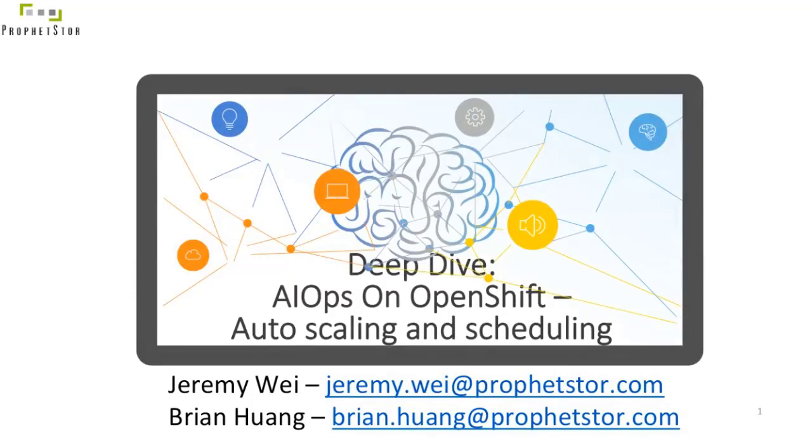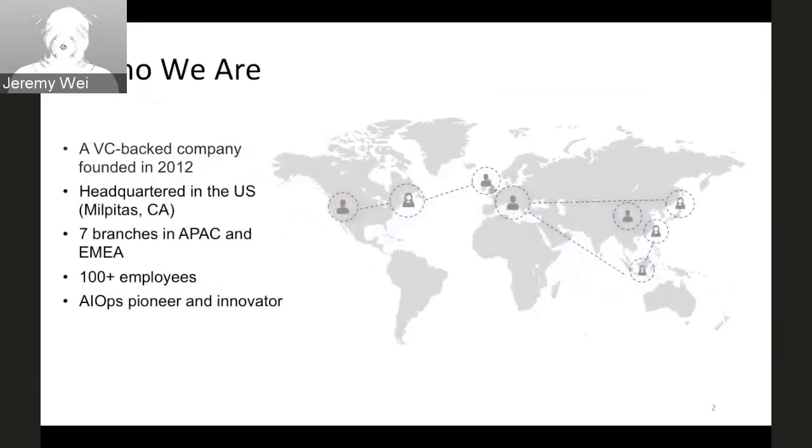Okay, thank you, Brian. First of all, I would like to introduce the company. Prophetstor was founded in 2012, located in Milpitas, California. Today we have over 110 employees and 7 branches in APAC and EMEA. Since the first day the company was founded, we have been dedicated to bringing artificial intelligence to IT operations.